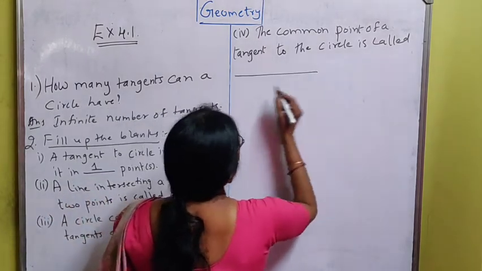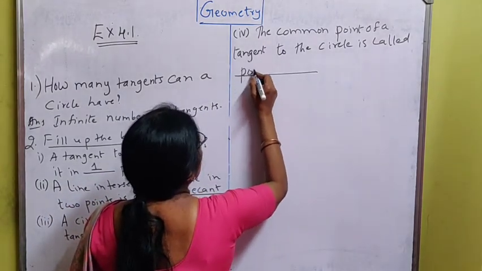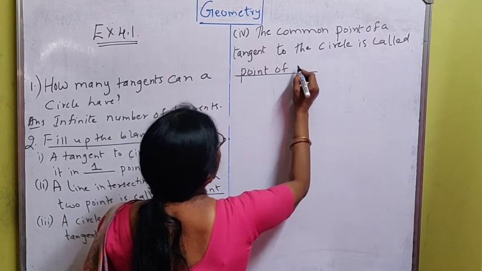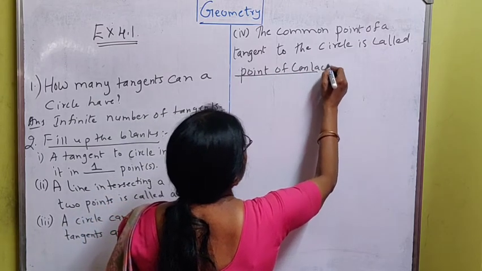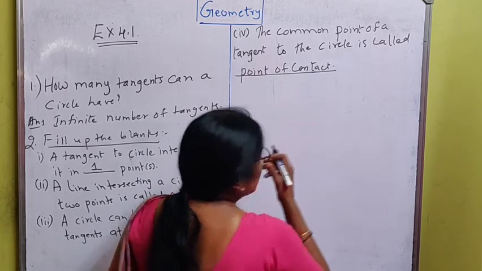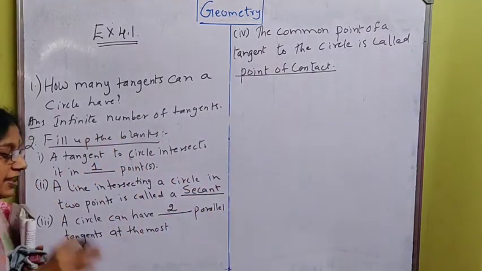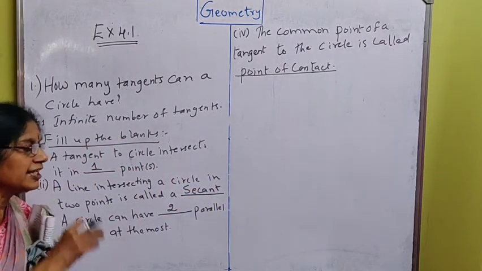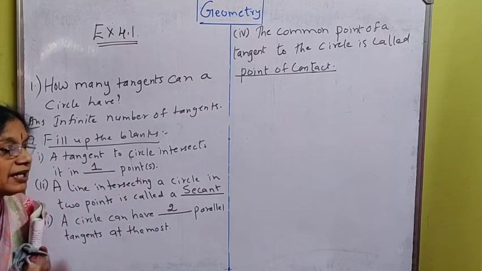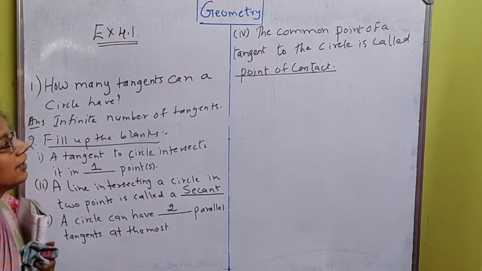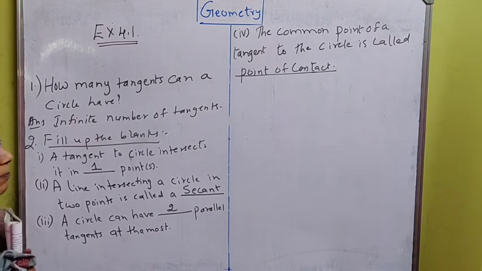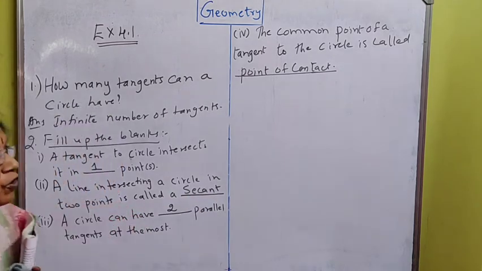Point of contact. The point of the tangent which touches the circle becomes a common point, and that common point is called the point of contact.